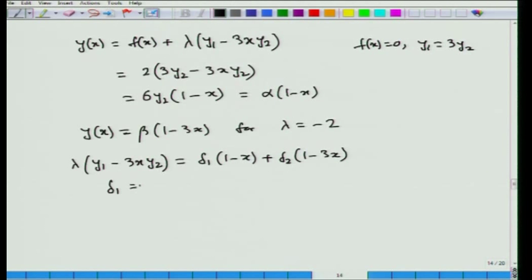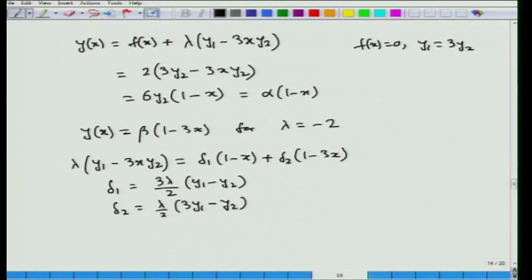If we choose delta1 equal to 3 lambda by 2 times (y1 minus y2) and delta2 equal to lambda by 2 times (3 y1 minus y2). So, from here you can see that always lambda times (y1 minus 3x y2) can be written as lambda delta1 times (1 minus x) and delta2 times (1 minus 3x).